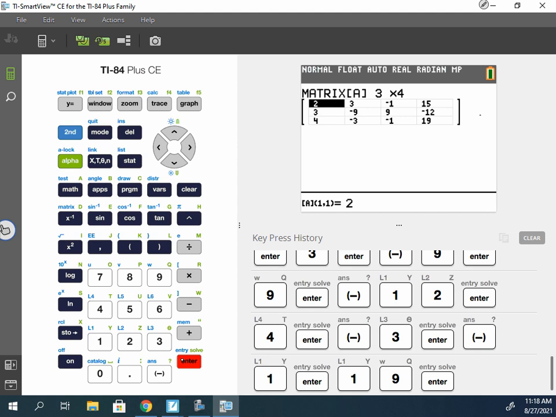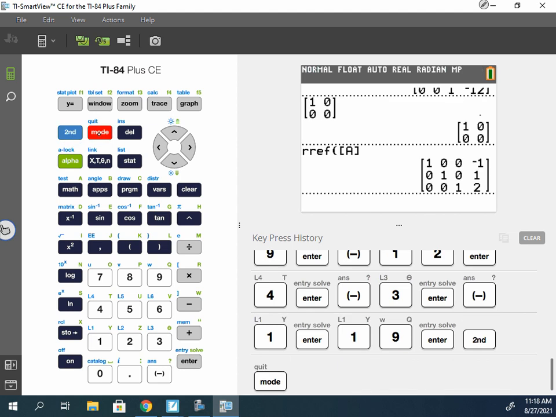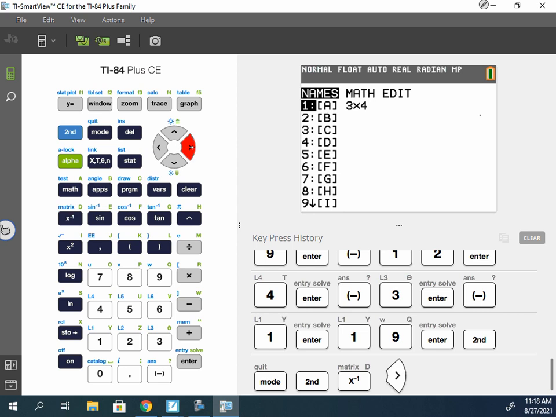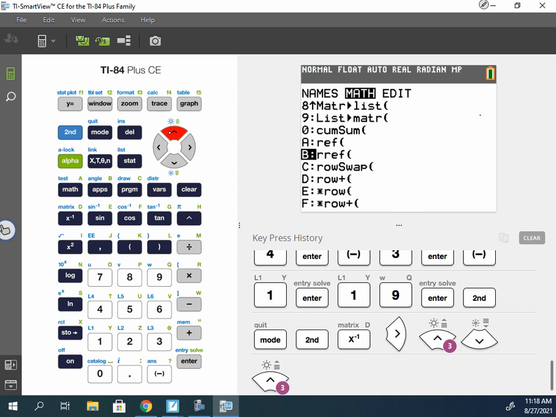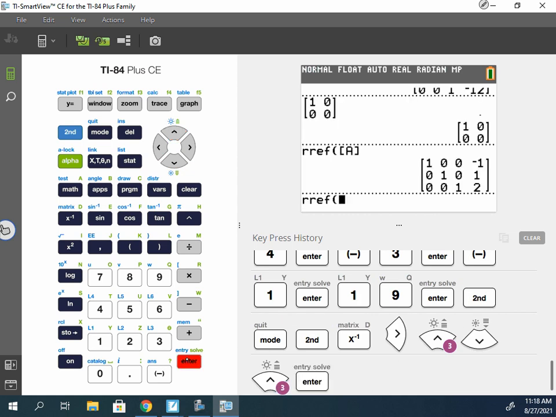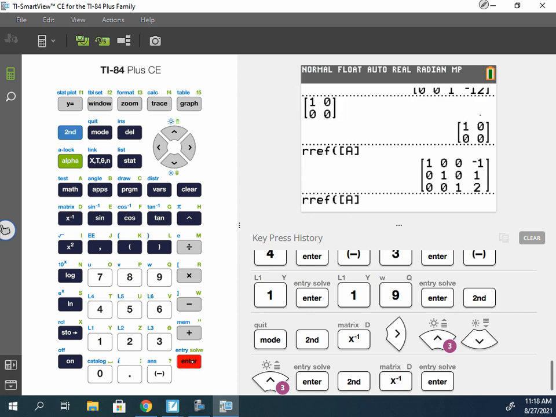What do I do once I have the whole thing entered in? We go second quit, and then second matrix, math, and then find RREF. And then second matrix, matrix A, enter.